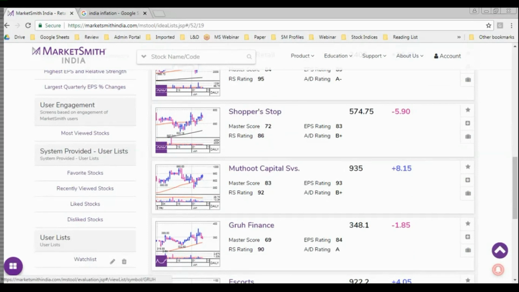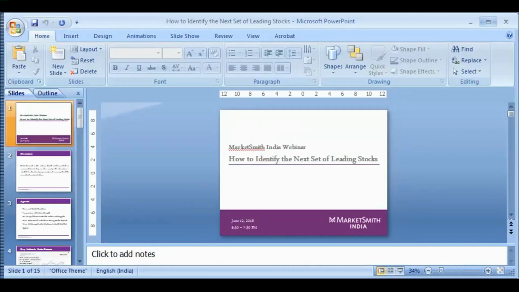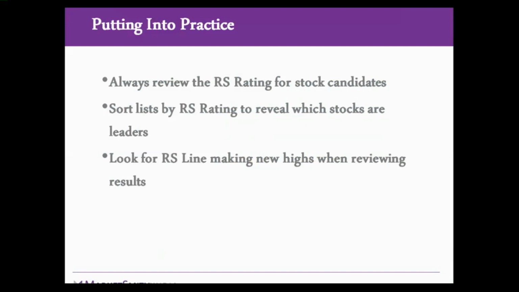If you see the stocks that are making new highs on a daily basis, we don't see a lot of them, but if you see the list, you'll find that only the quality ones are making new highs. That will give you an idea as to what kind of market we are in right now.